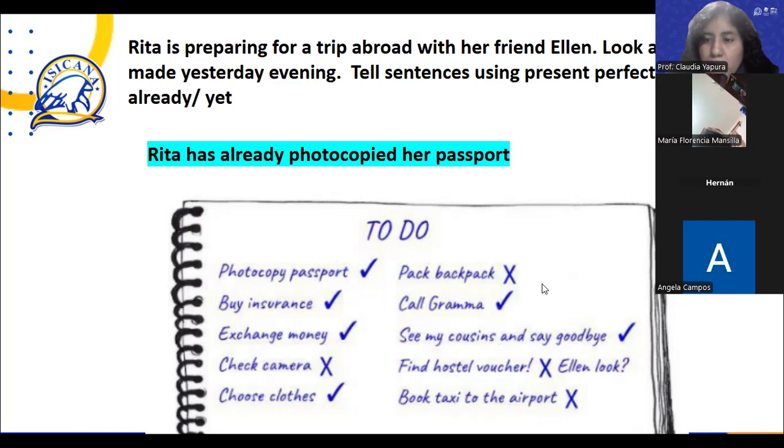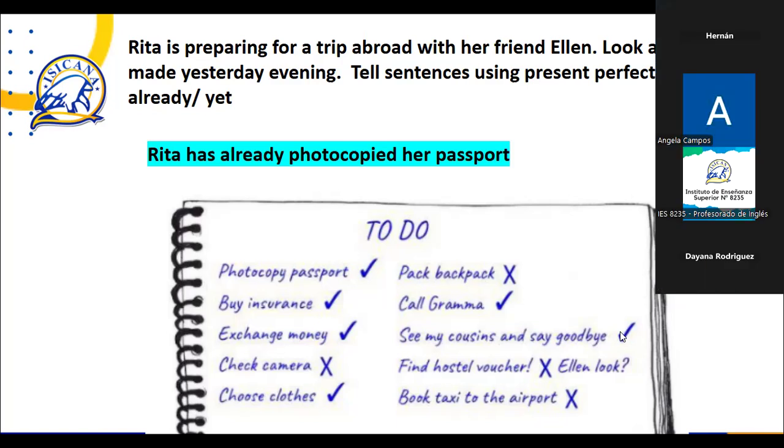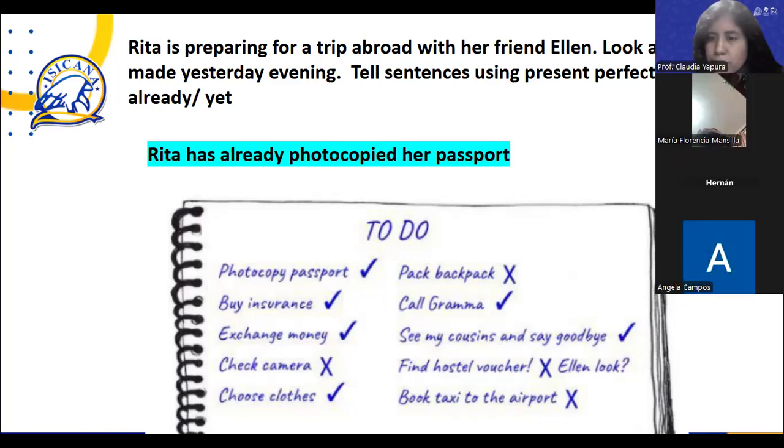Teacher, ¿Sí? Rita has already exchanged her money. Okay, very good. Exchange money. Yes. Can you continue, Angela? No sé si, is there somebody else? Yes, teacher.